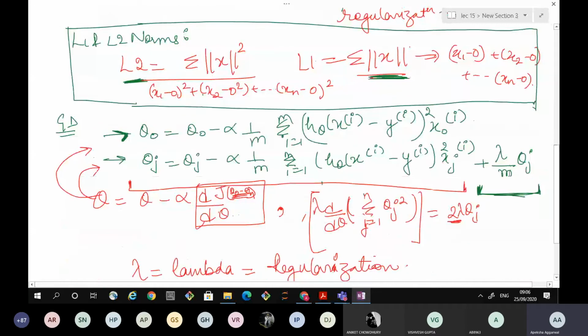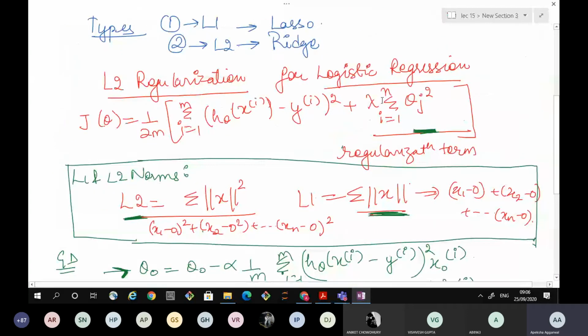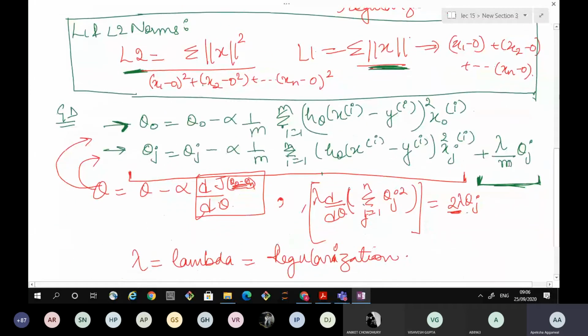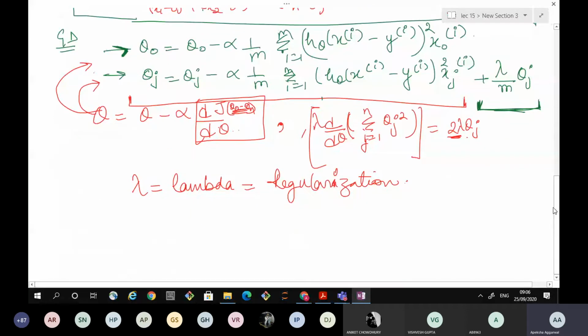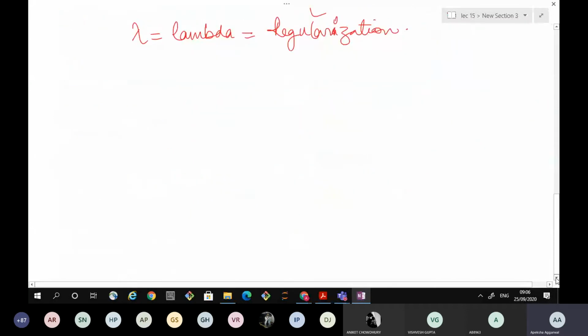This is how my weights get updated during the gradient descent cycle. The process remains the same for the neural network as well. You are just adding this term, sigma of theta j square, and updating the weights by lambda by m theta j. That is the only difference in the neural network.